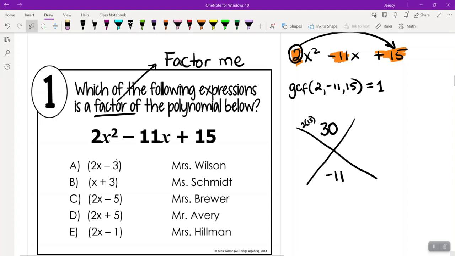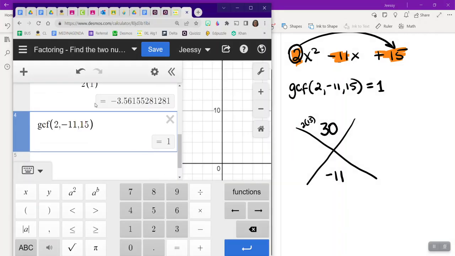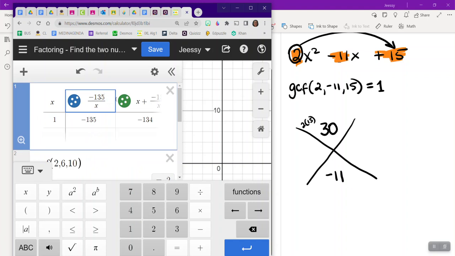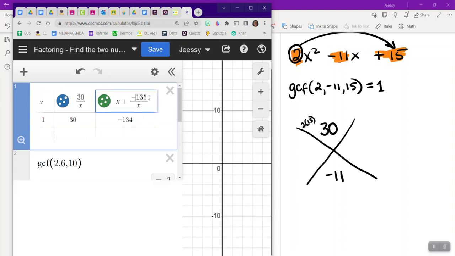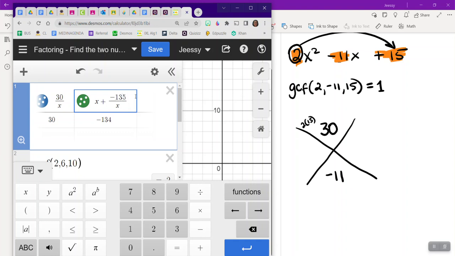Okay? All right, so then you need to find 2 numbers that multiply to 30 and add up to negative 11.